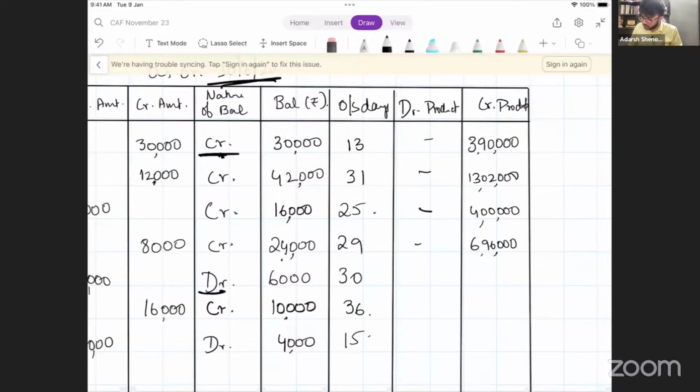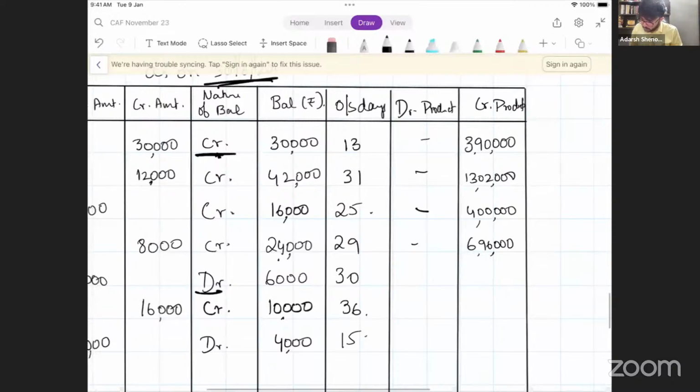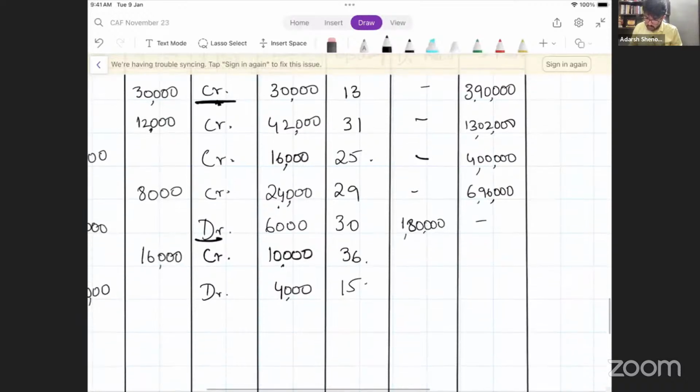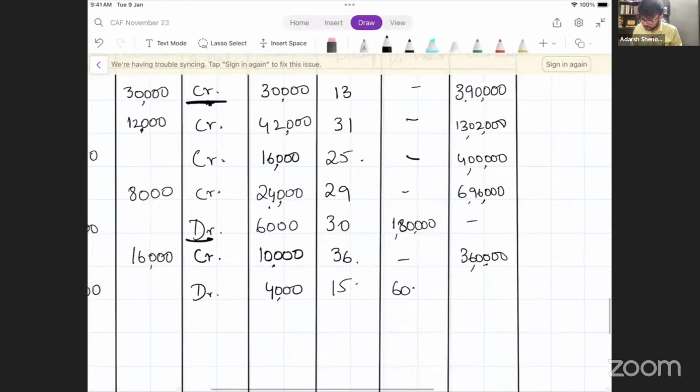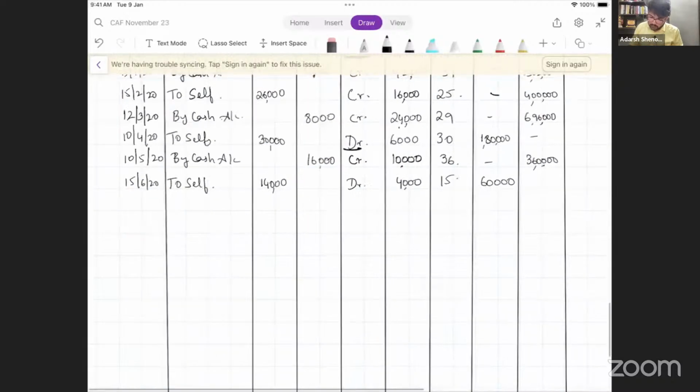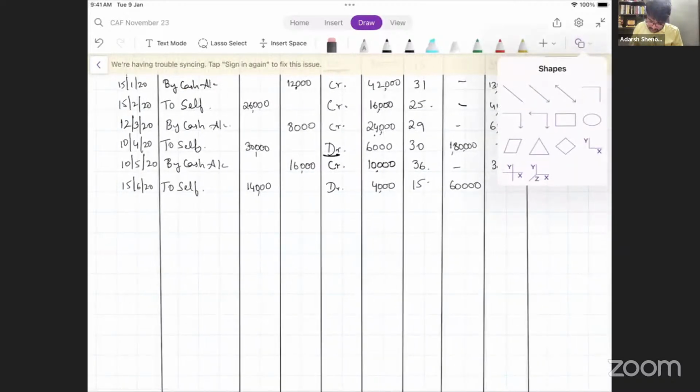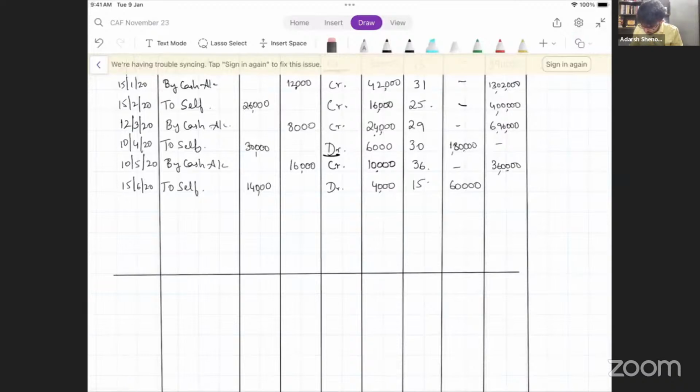24,000 into 29, again credit product. 6,000 into 30, what is this? This is debit product. This is credit product. This one is debit product. 60,000. Now leave around 4-line space and then do the total of the products.